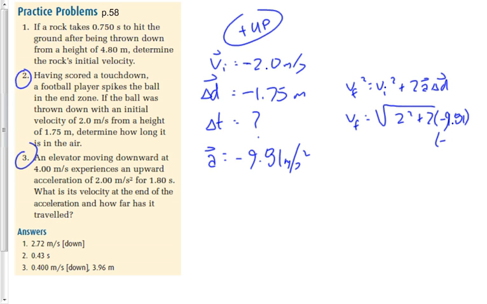times negative 1.75. Hey, I got a quick question for you. Good question, too. Why did I drop the negative there for the 2? Why did I say 2 squared, not negative 2 squared? Because the initial velocity was 2 downwards, right? What did I need to plug in, Atlanta, right here? What variable do I need to plug in there?